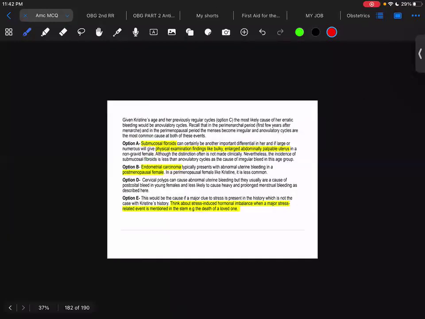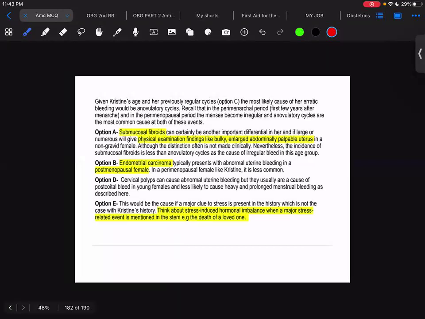So we will now read the explanation of this very question. Given Christine's age and her previously regular cycles, that means option C, the most likely cause of her erratic bleeding would be anovulatory cycles.